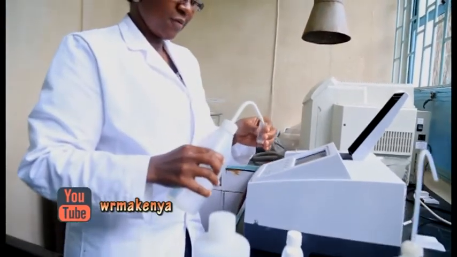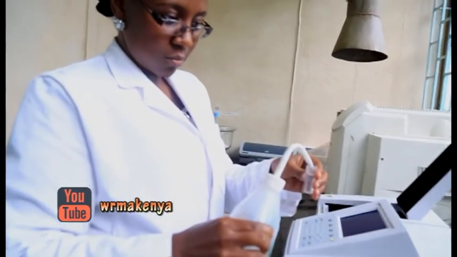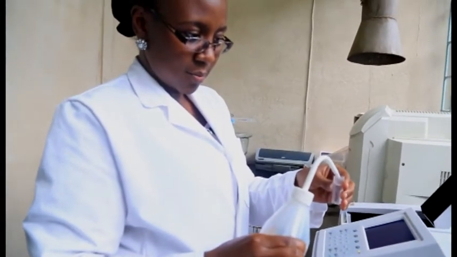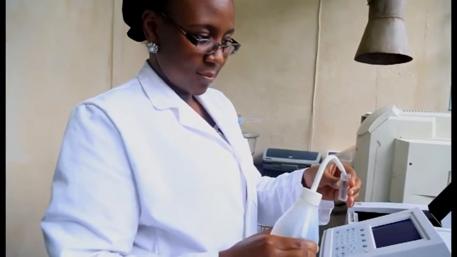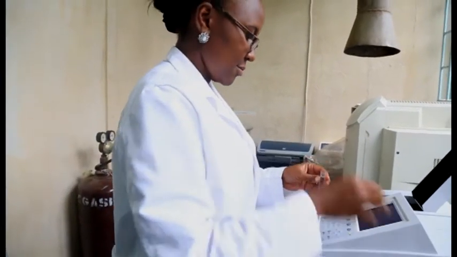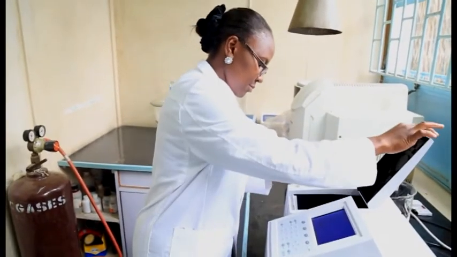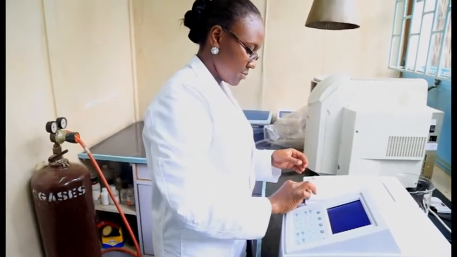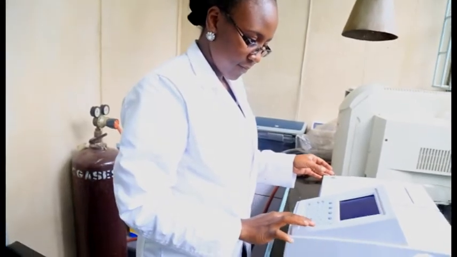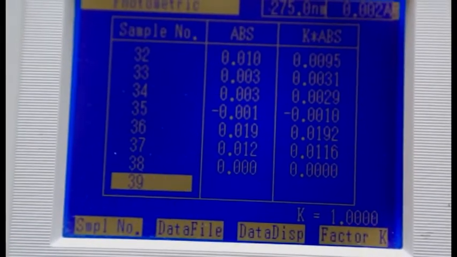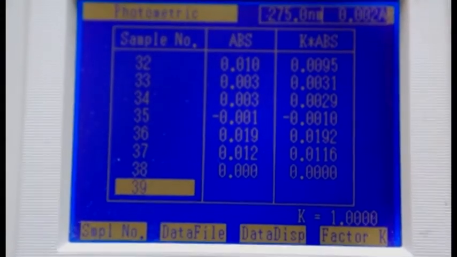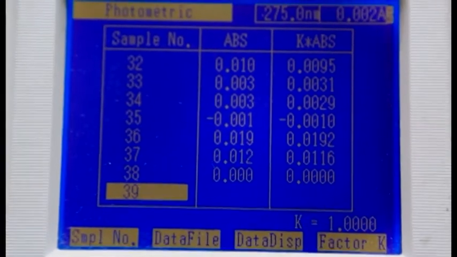You put your sample in this cuvette. Then you get your readings directly from the spectrophotometer.